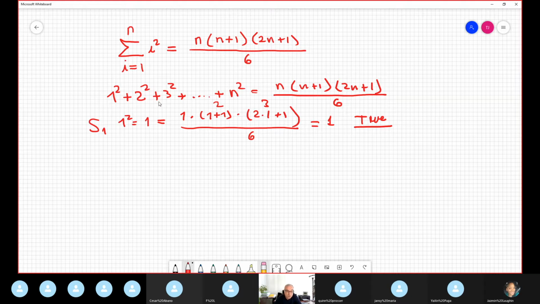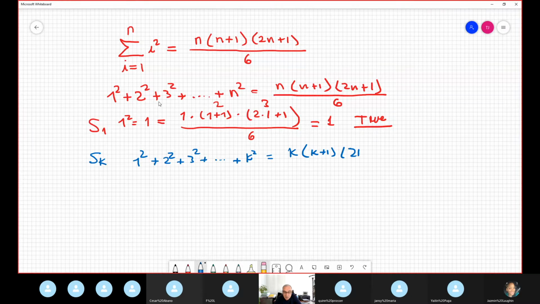Nice, I like that. Now I go to the inductive step. In the inductive step, you assume it's true: 1 squared plus 2 squared plus 3 squared plus and so on up to k squared is equal to k times (k plus 1) times (2k plus 1) divided by 6.